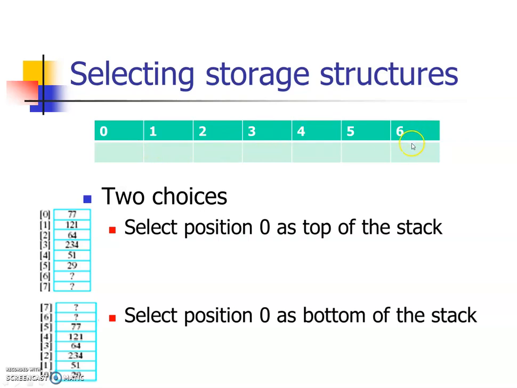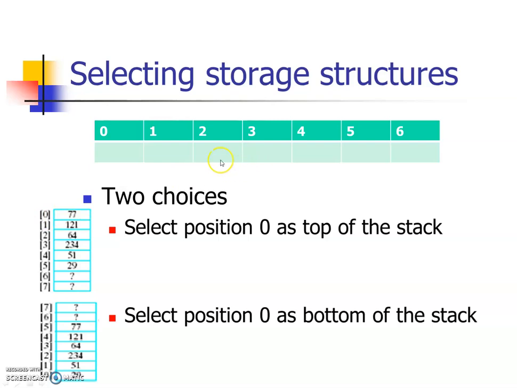Now you may wonder, because the stack in our mind is in a vertical picture. So if we want to convert this horizontal array into a vertical way, there are 2 choices. One is that we turn this whole array clockwise, so that the index 0 will be on the top.